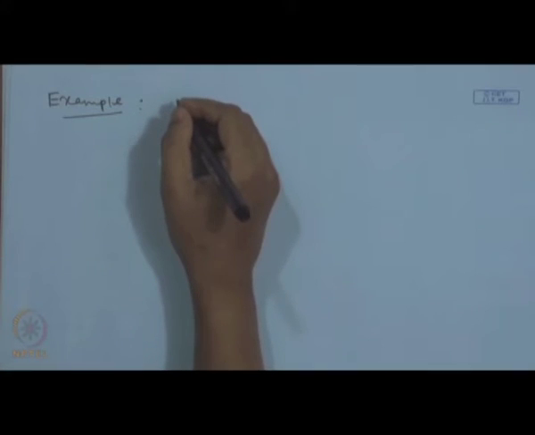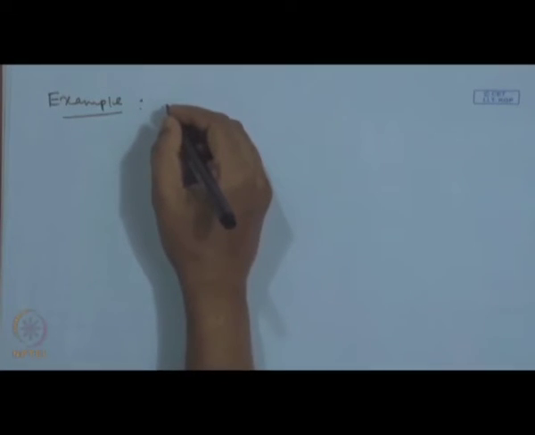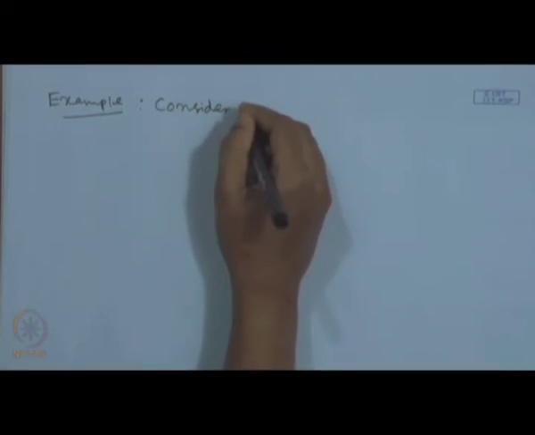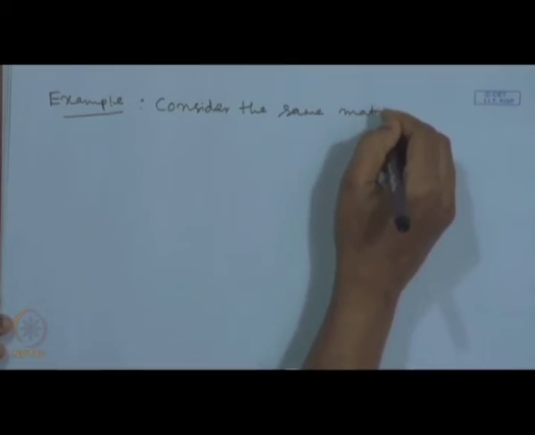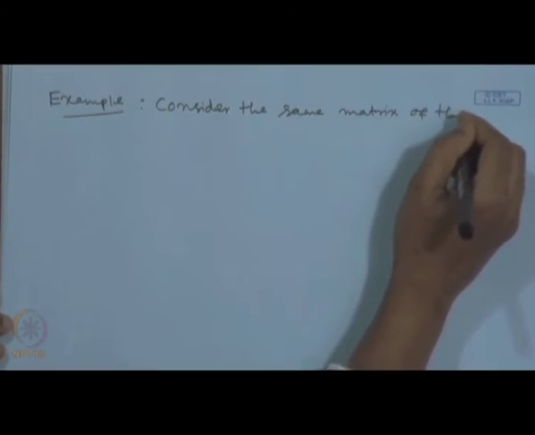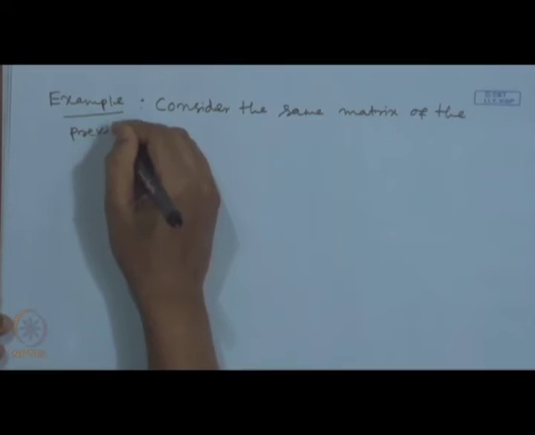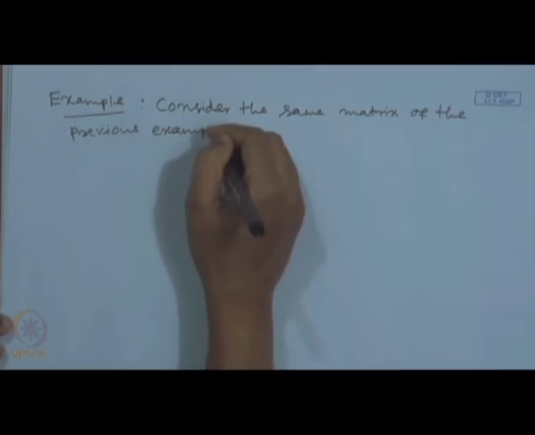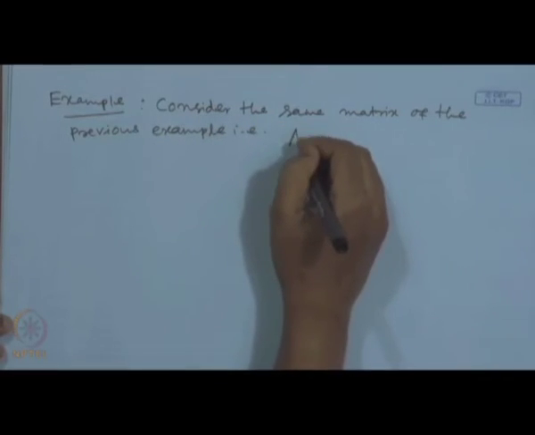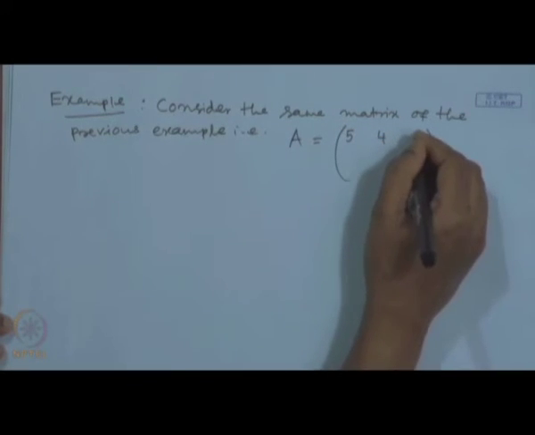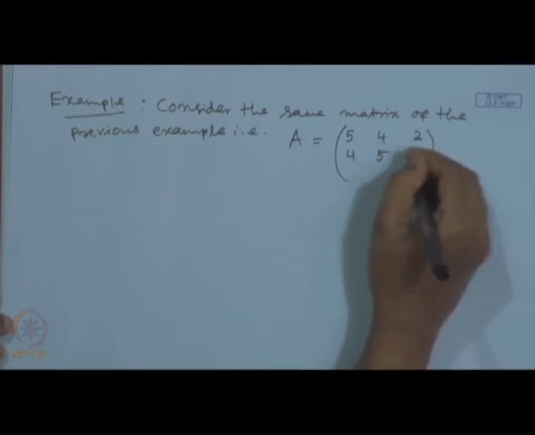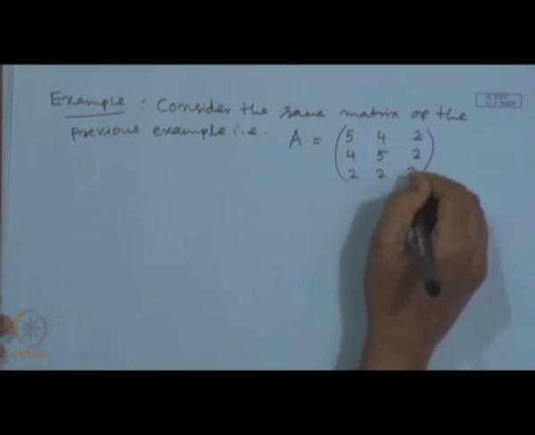Here we consider the same matrix of the previous example, that is, A is this matrix 5 4 2, 4 5 2, 2 2 2.